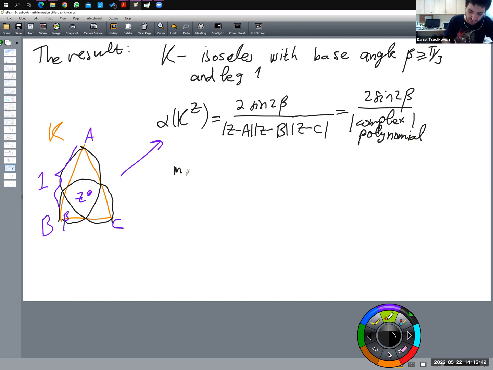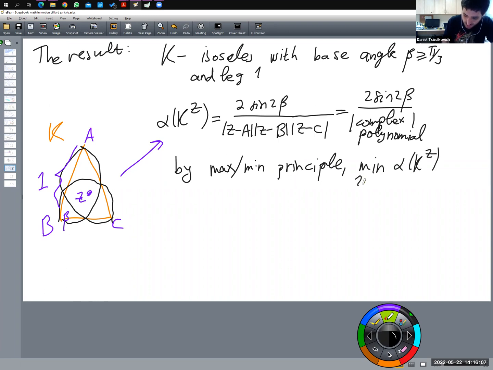So by the maximum principle, the minimum of alpha kz when z is inside this domain D is attained for z in the boundary of D.